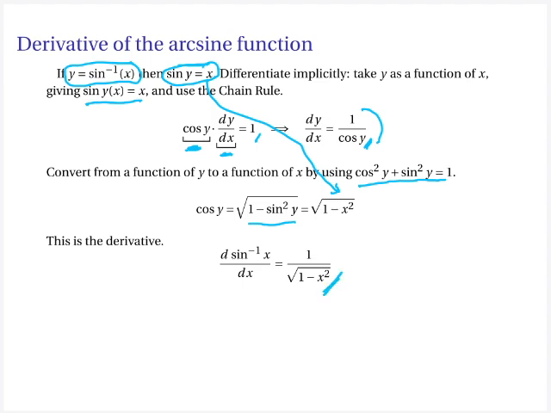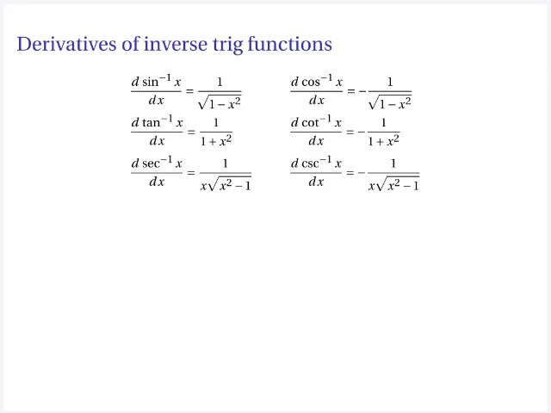Now, it might be surprising that it doesn't have some kind of trigonometric expression there. You might have been thinking that the derivative of arcsine is going to be something like the arccosine, or maybe negative arccosine. But from trigonometric expressions, you happen to get that. The other ones are similar. A person should memorize the derivatives of these three.